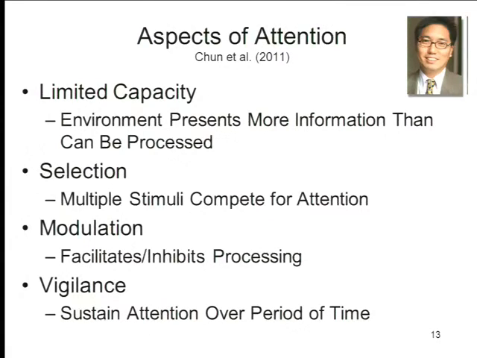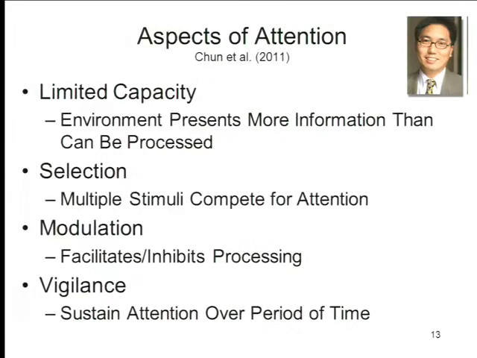in any particular time. The second aspect of attention that Chun points out is what he calls selection, which is that when we're moving through our environment, there are lots of things out there that are competing for attention. We pay attention to some of them at the expense of ignoring the others. We do that by modulating attention, by actively directing our attention towards some things, facilitating the processing of some objects in our environment, and inhibiting the processing of other objects in the environment.